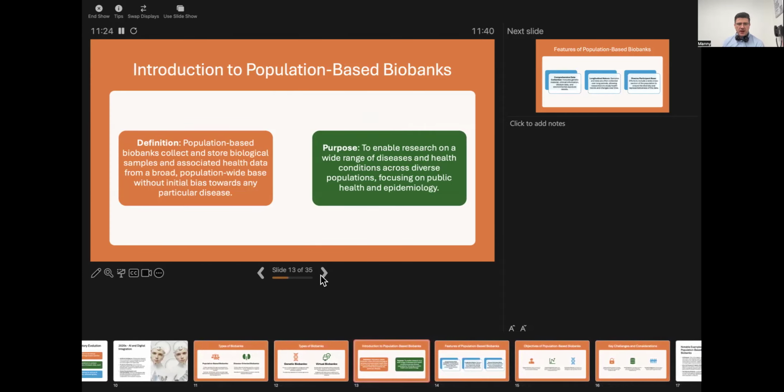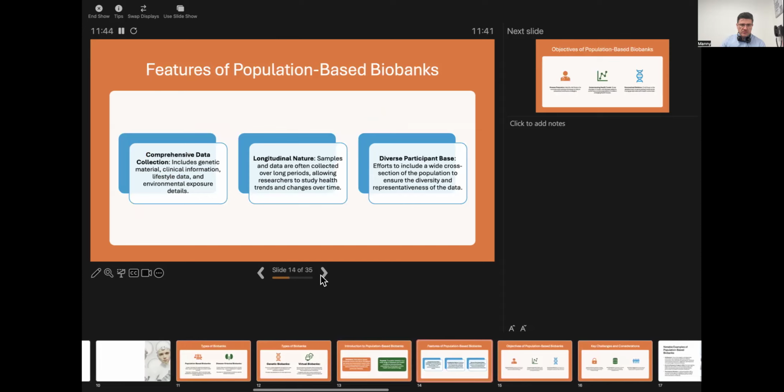So population-based biobanks, they collect and store biological samples from a broad population-wide base without initial bias towards any particular disease. The objective is to enable research in a wide range of conditions, focusing on public health and epidemiology.